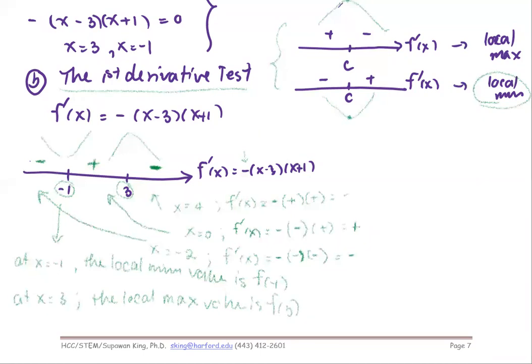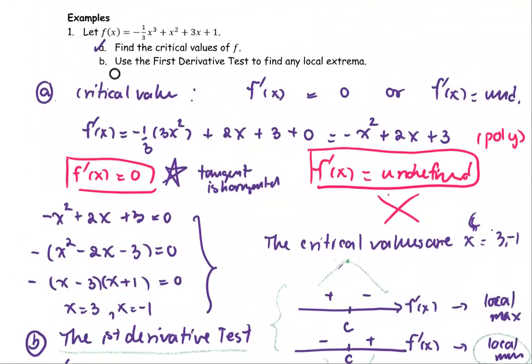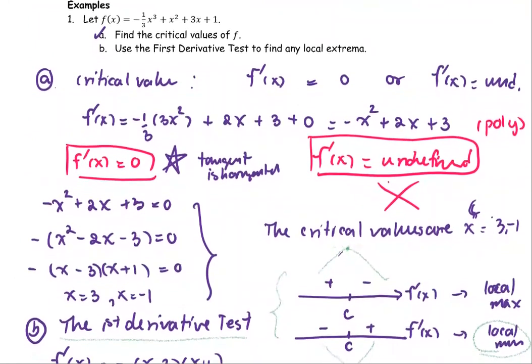And then how to compute the numbers, we just plug it in the calculator. So f at negative 1. Recall this is the f, not the f prime. You have to go back to the original function form, which is negative 1 over 3 x to the third plus x squared and so forth.